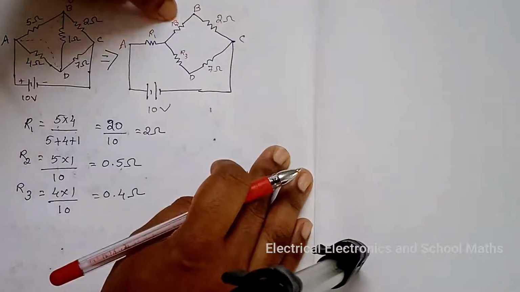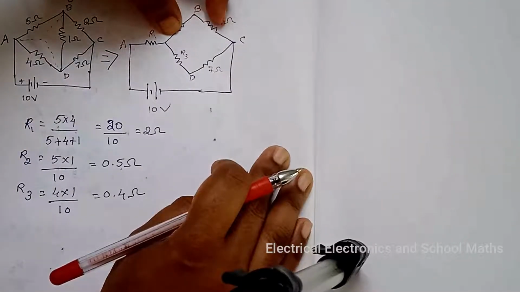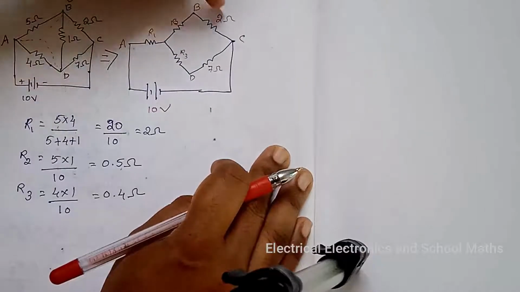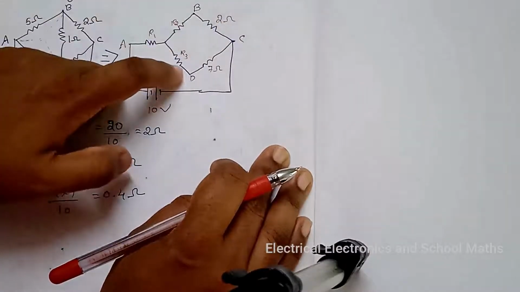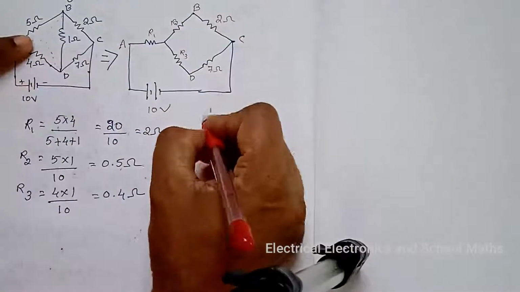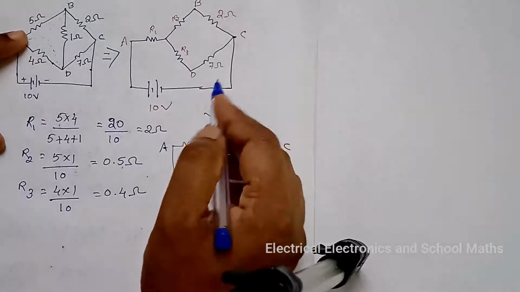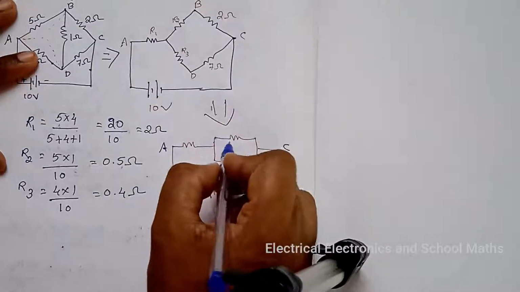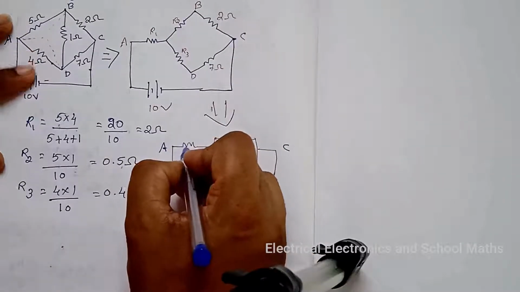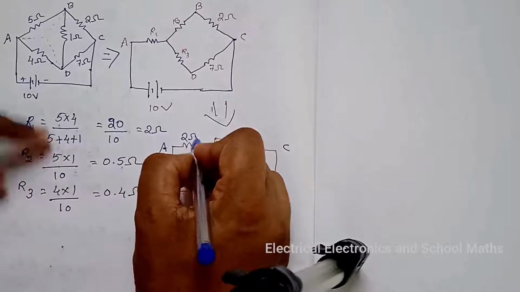And here these two resistors are in series, that is R2 is in series with 2 ohm and R3 in series with 7 ohm. So after rearranging this, we will get like this. This is R1. R1 is 2 ohm.